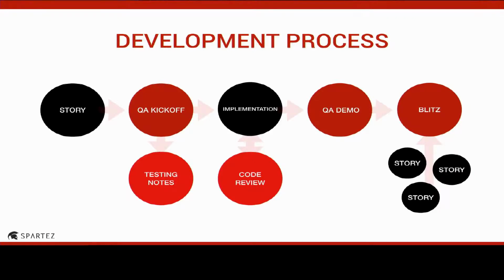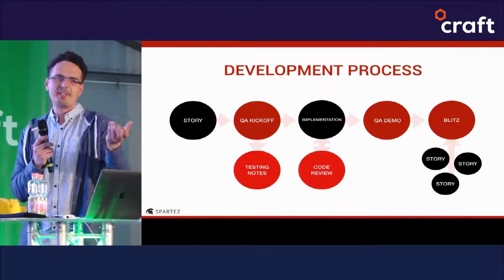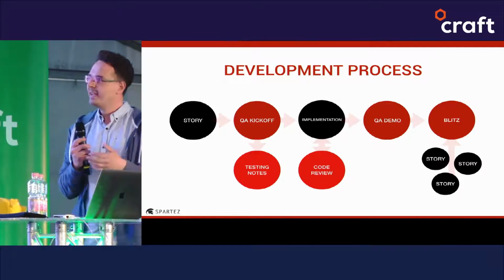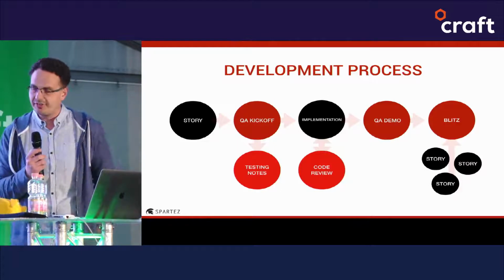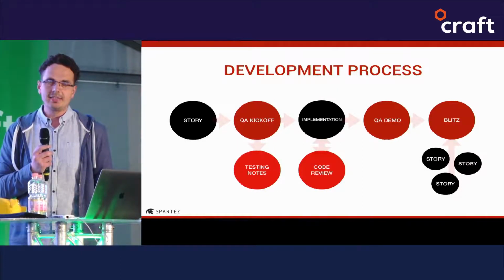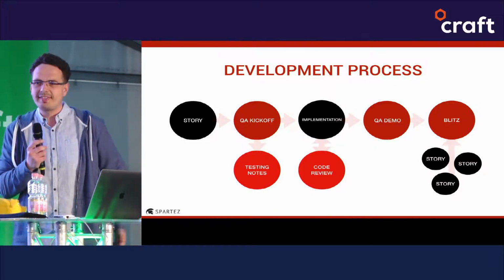split into stories, a story is picked up by an engineer, and the engineer starts working on the story, right? The first thing that the engineer does is something we call QA kickoff. This is basically a quality assurance kickoff, let's say.